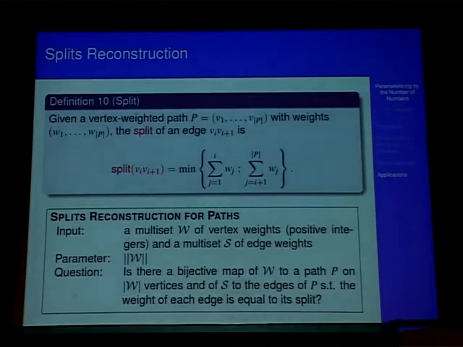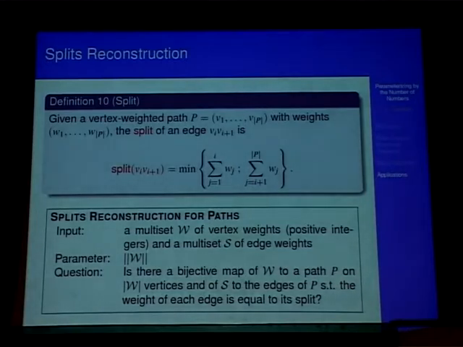If you remove an edge, the path falls into two subpaths, and the total weight on each of these subpaths is just the sum of the vertex weights. The minimum of the total vertex weights on the left of this edge and the total vertex weights on the right of this edge is called the split of this edge.